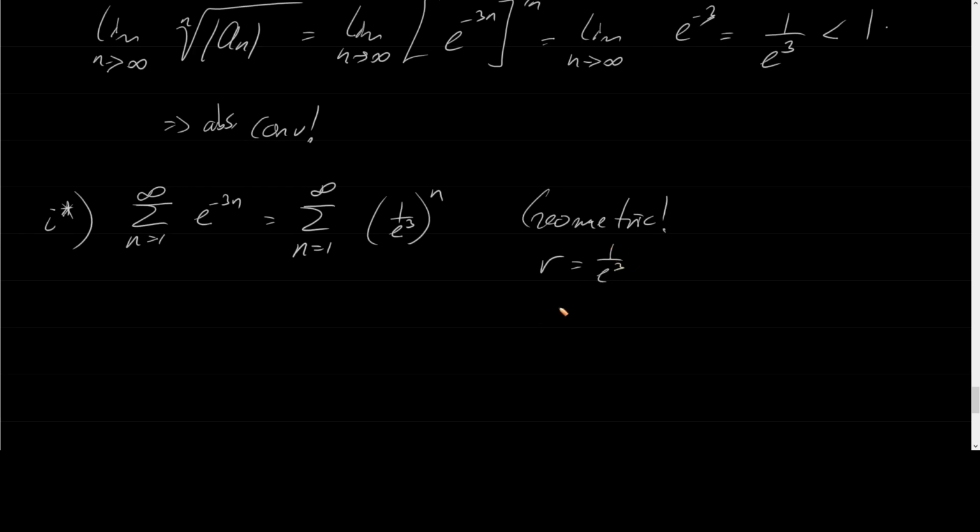So in here, that is less than 1 and it's bigger than 0. So by geometric series, it converges. So we didn't have to do the root test on that one. All right, I just wanted you to see an alternative there. All right, so that was I.